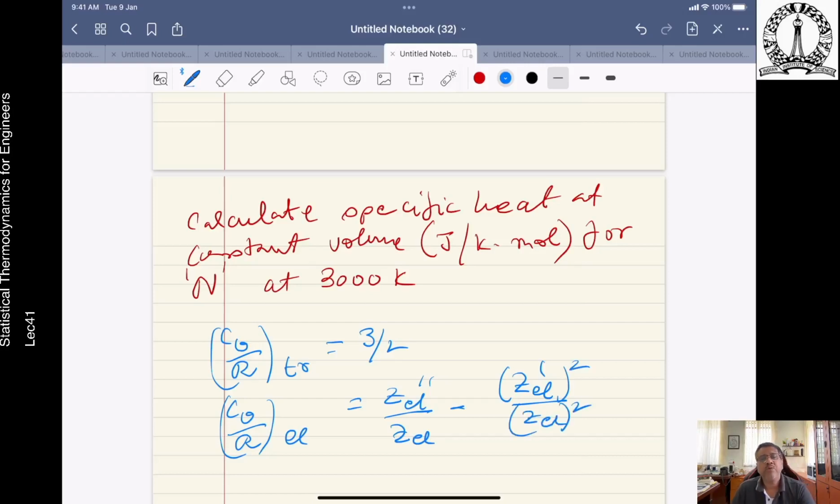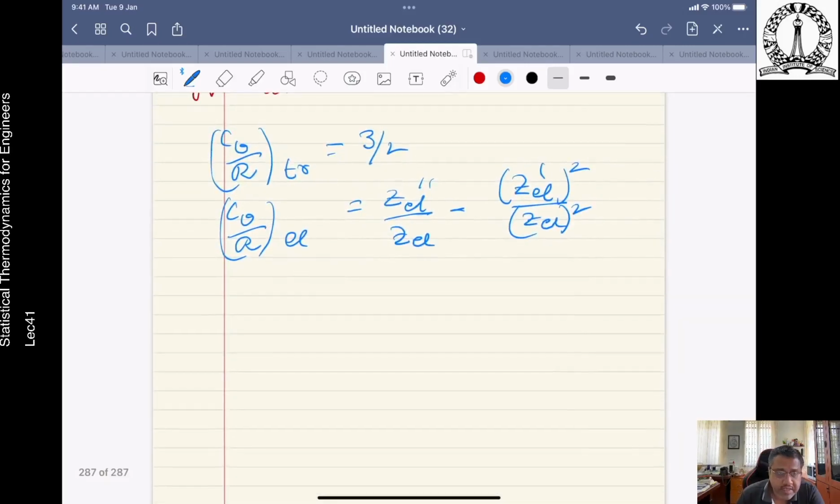Okay, so this can be done. The electronic contribution can be easily determined by setting up a table. We can set up a table and then compute all the quantities from there. Okay, so like we did last time, this is E_j, the g_j, E_j by kT.